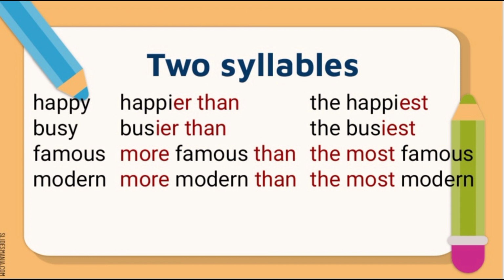Next is modern. Modern, two syllables also and without Y. More modern than, the most modern. So, it is different from the earlier one, right? Using more than and the most.